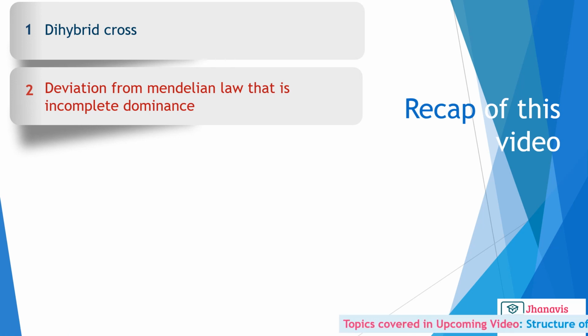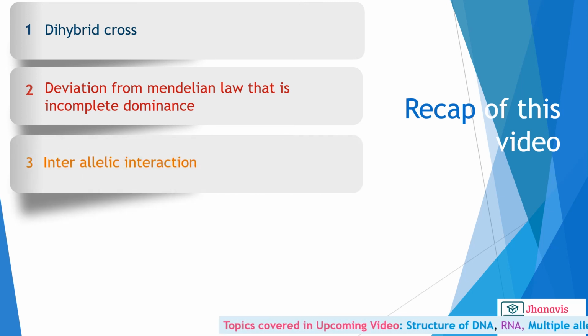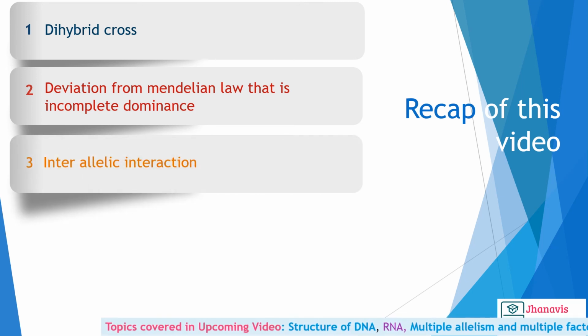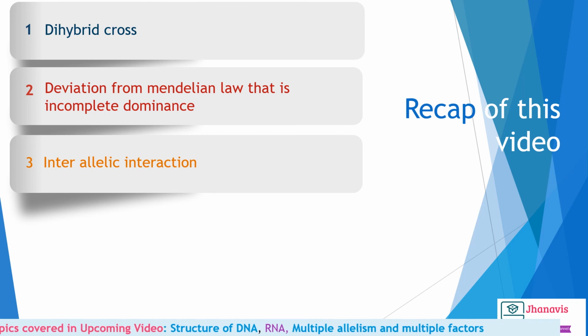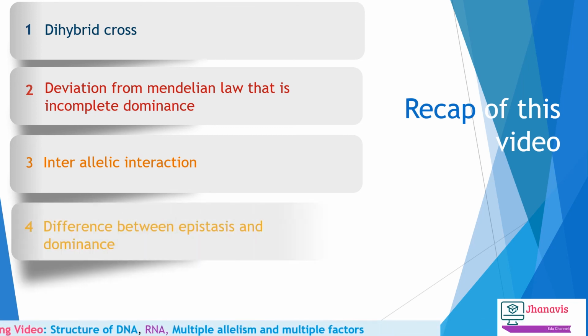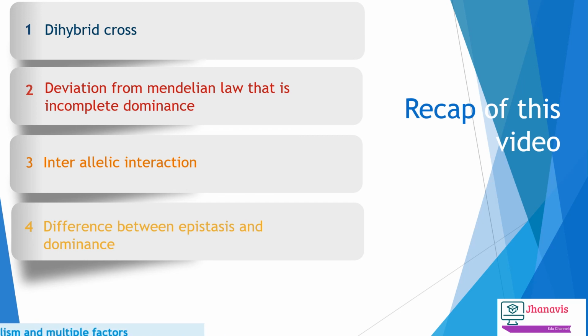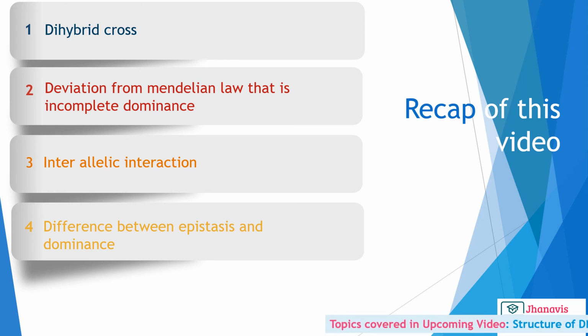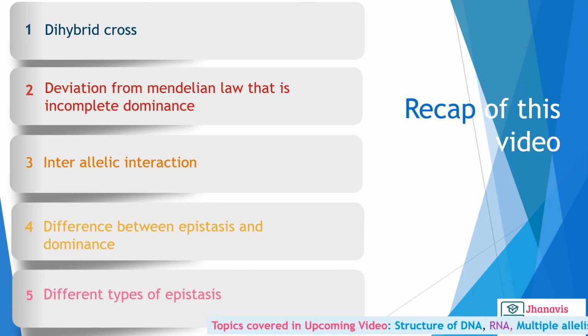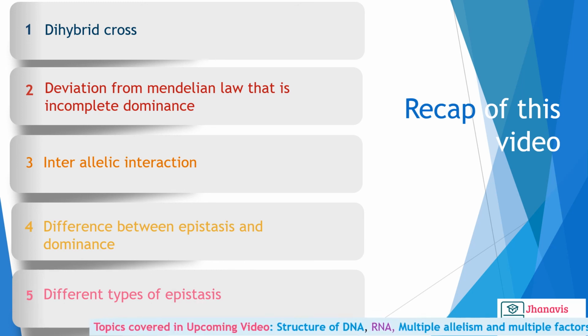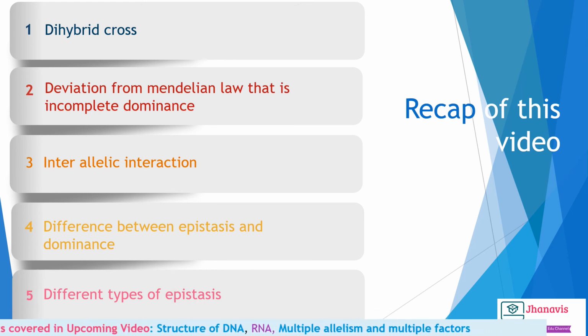Then we studied about non-interallelic interactions by taking an example. Then we have studied about the difference between the dominance and epistasis. To start learning epistasis, you have to first know the difference. Later we have studied the different types of epistasis. We have studied about the 5 different types of epistasis.